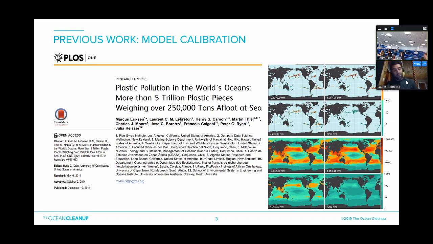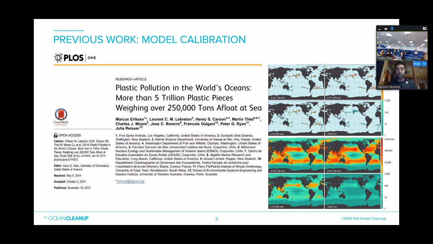In this paper, we worked with international researchers who went at sea and collected data using manta trawls at the surface of the ocean, and tried to correlate what we find at sea with my model. That became the paper Marcus Eriksen authored, where we gave the first estimate of how much plastic was floating at the surface of the ocean.